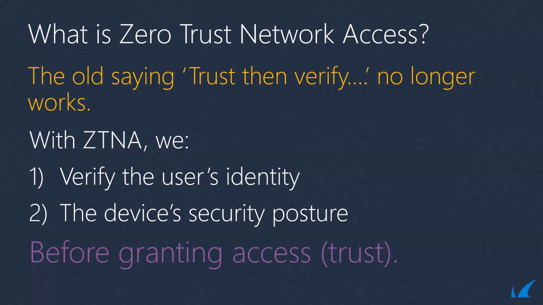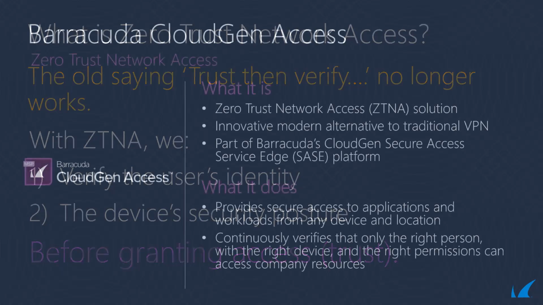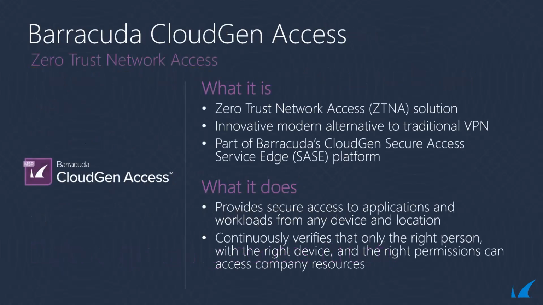With all these different checks, we can make sure that, hey, this is a device that we feel comfortable letting into the environment, and then finally giving that access after we've decided that we trust that device.